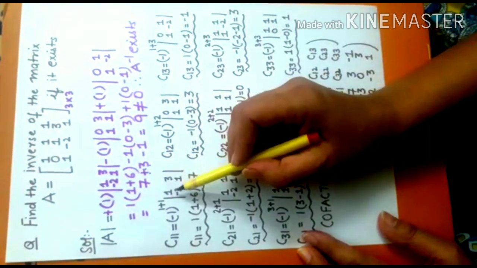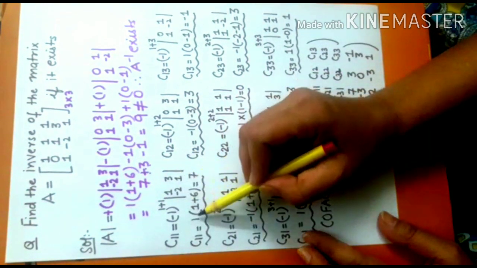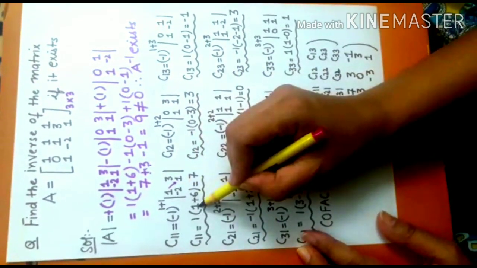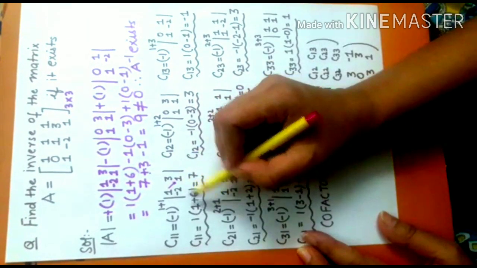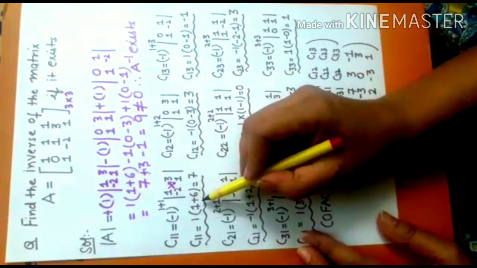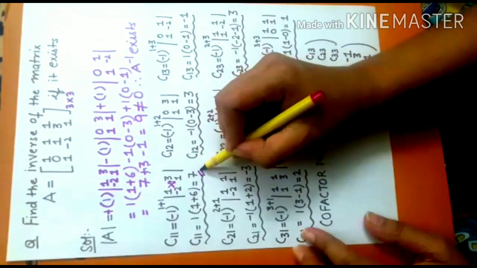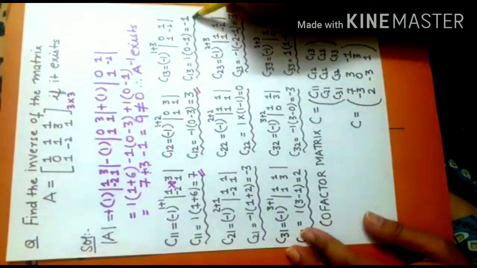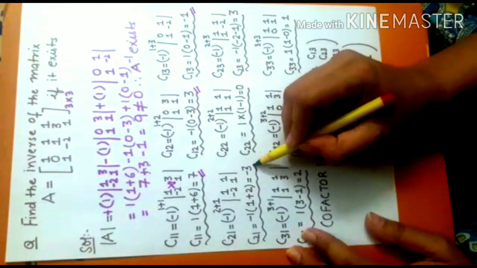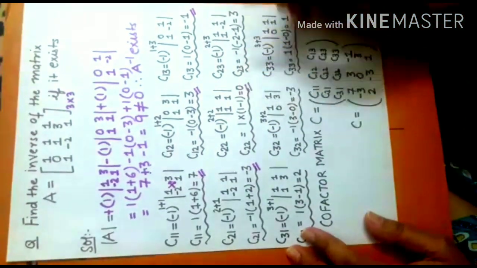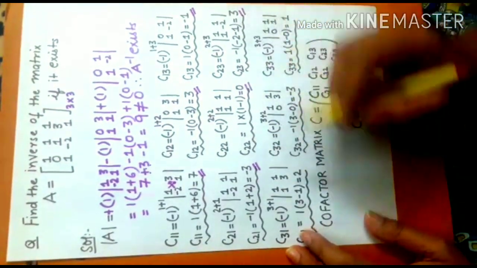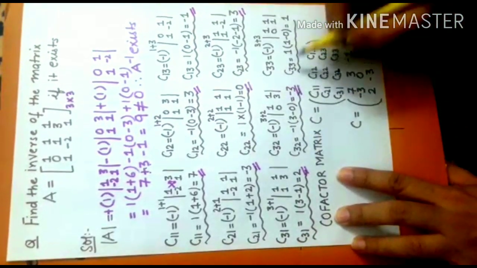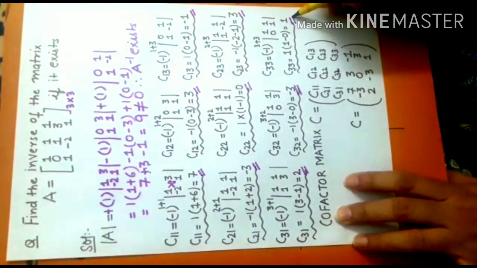So determinant is 1, 3, minus 2, 1, which is calculated as product of these two, which is 1. From this, subtract the product of these two. So you will get C11 as 7. Similarly, C12 is 3, C13 is minus 1, C21 is minus 3, C22 is 0, C23 is 3, C31 is 2, C32 is minus 3, C33 is 1.